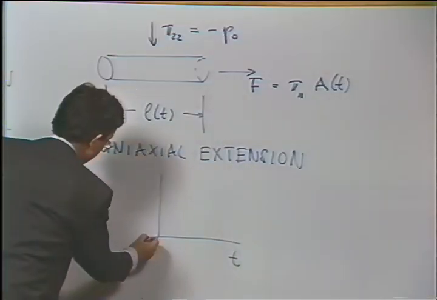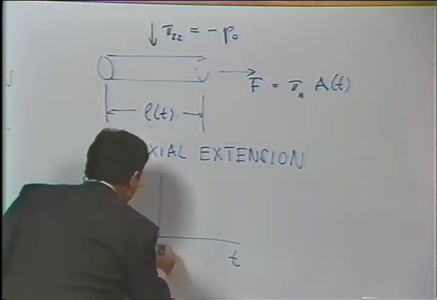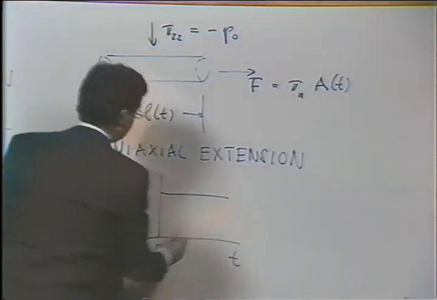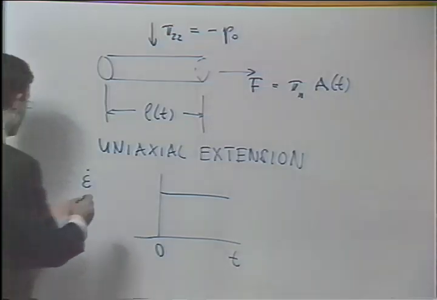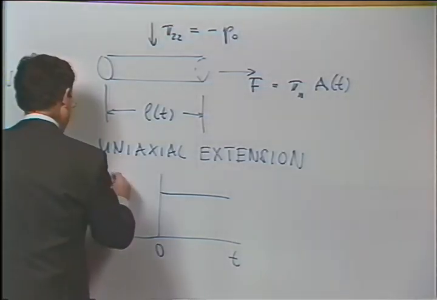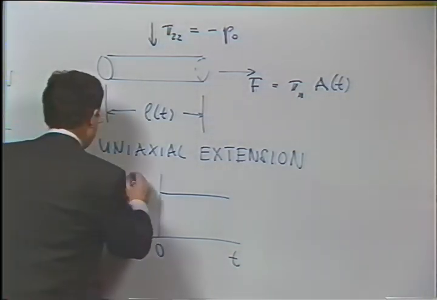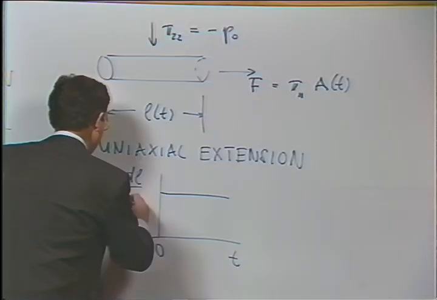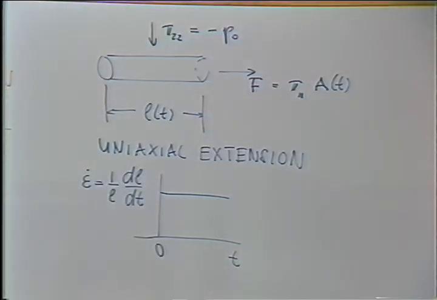Now, the system would be at rest for a long time, and then at time t equals 0, we would start stretching this fiber at a constant extension rate. And the extension rate is defined as 1 over the instantaneous length times the length change with time, right? You know this definition.